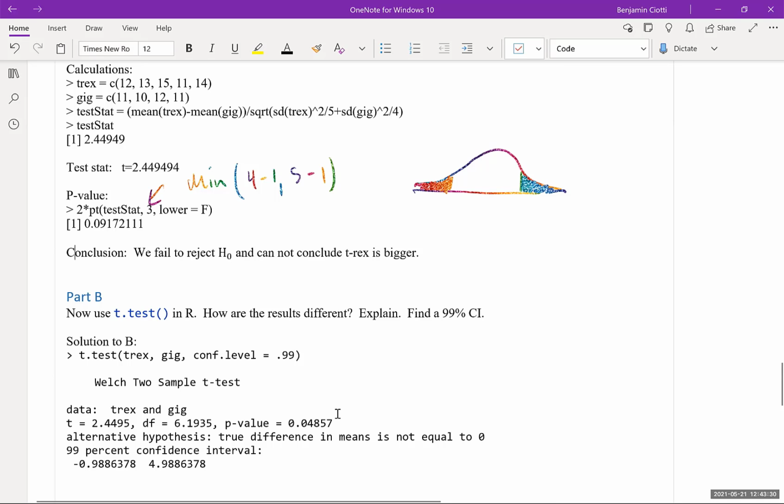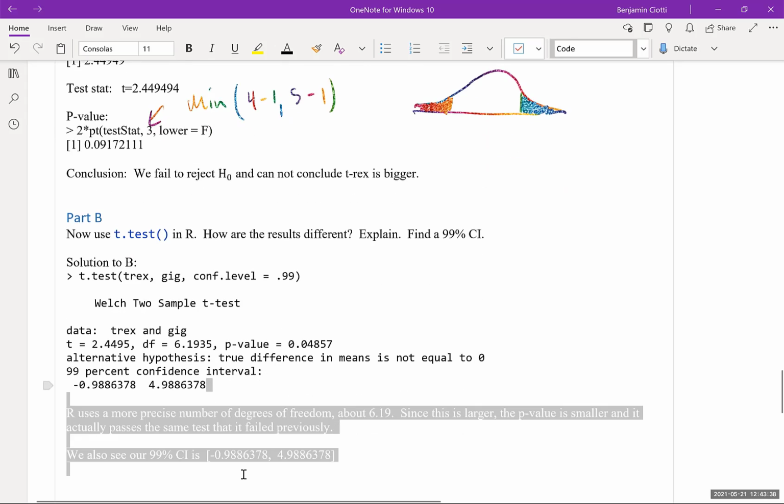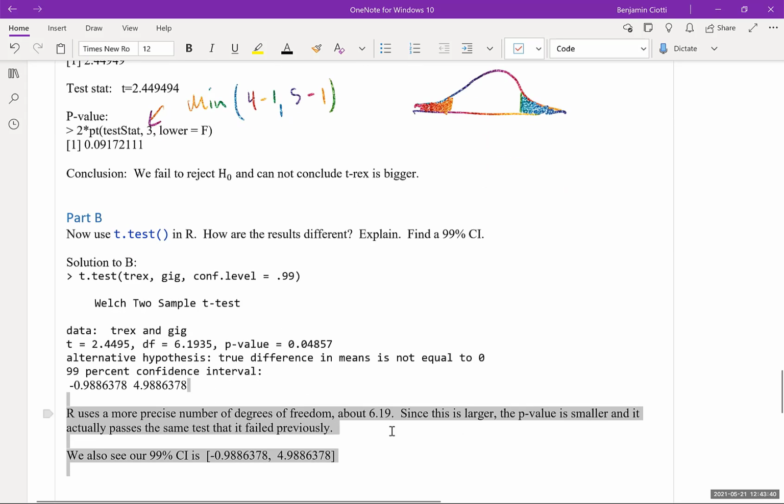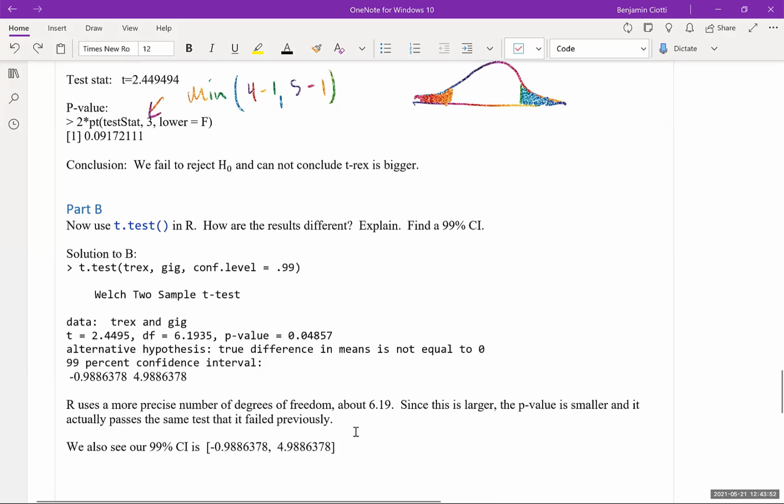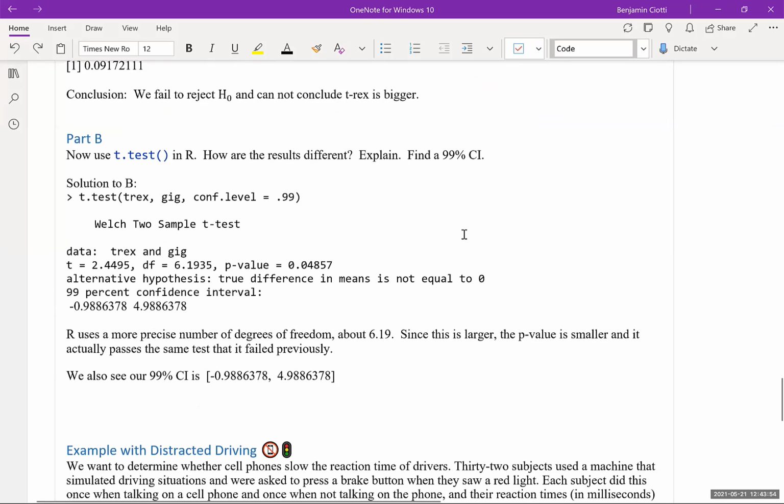We would have rejected the null hypothesis using this test, and we can state what the confidence interval is. R gives us that this is the confidence interval right here. Okay. Any questions on this example?